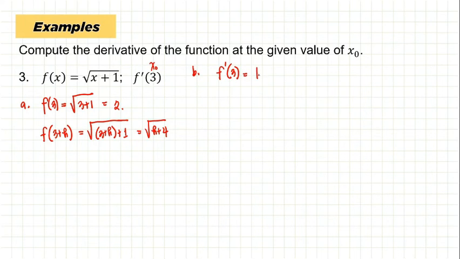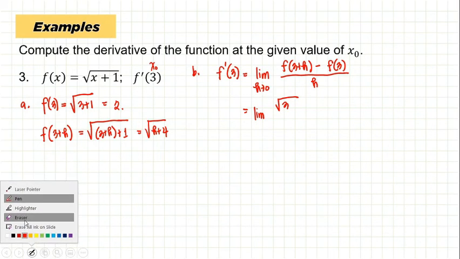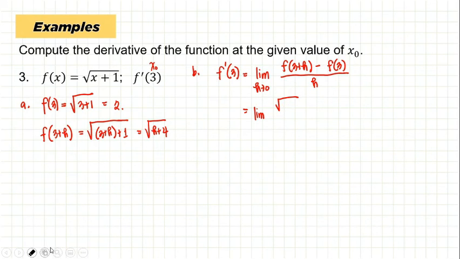And that is equal to the limit of f of 3 plus h minus f of 3 all over h as h approaches 0. So from that, we will have the limit of f of 3 plus h, which is just square root of h plus 4.